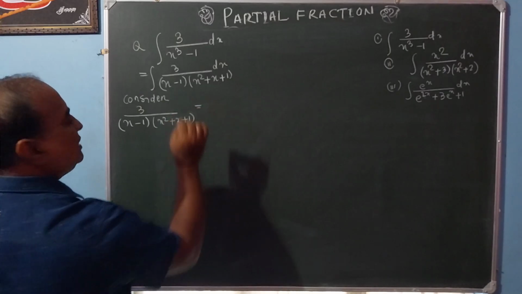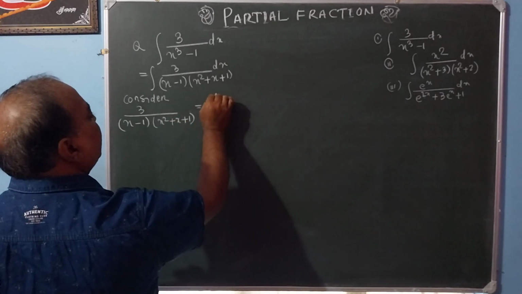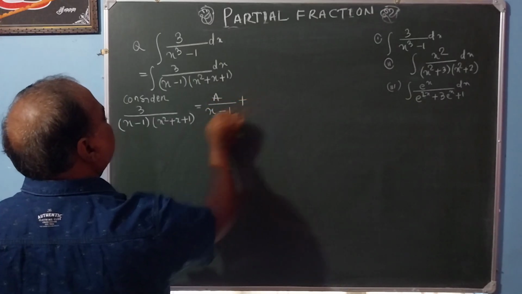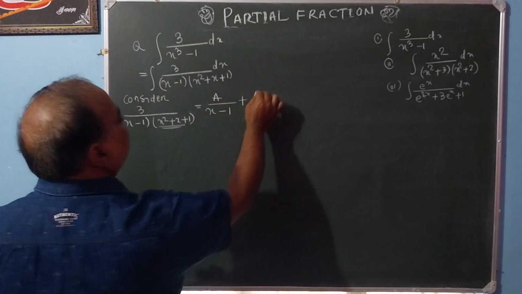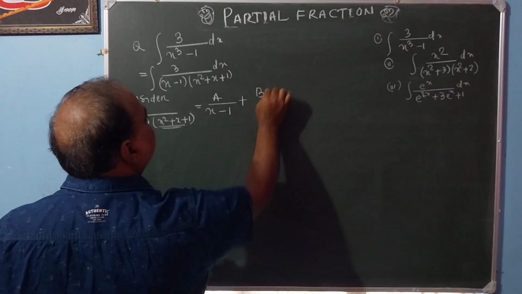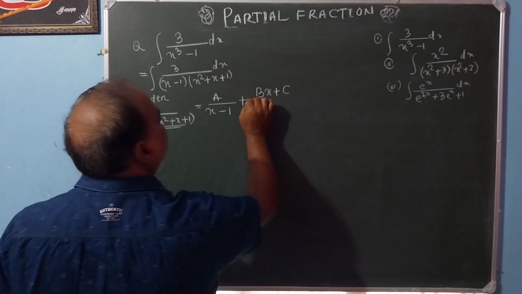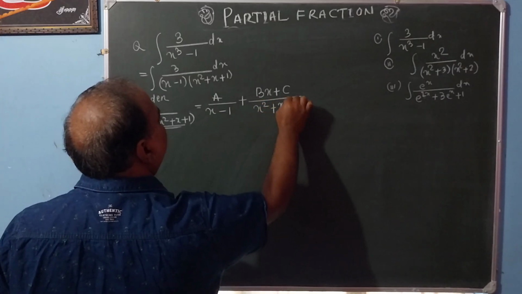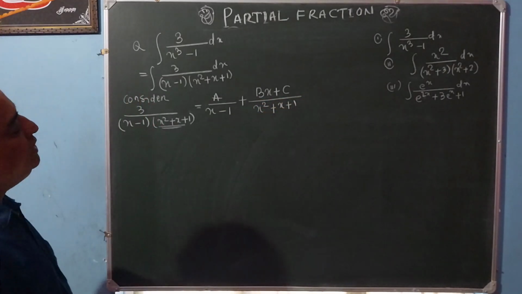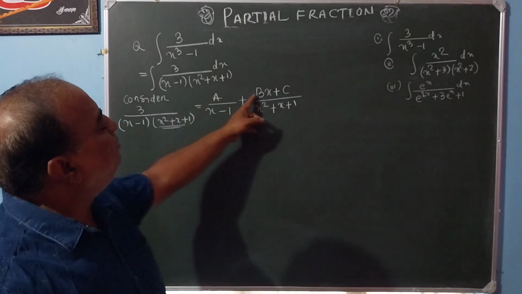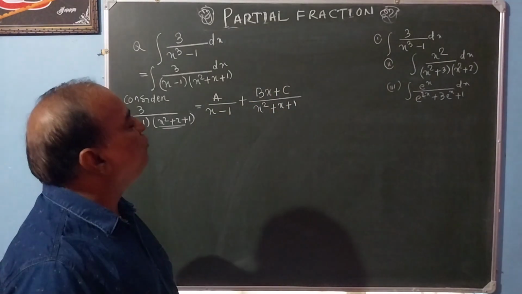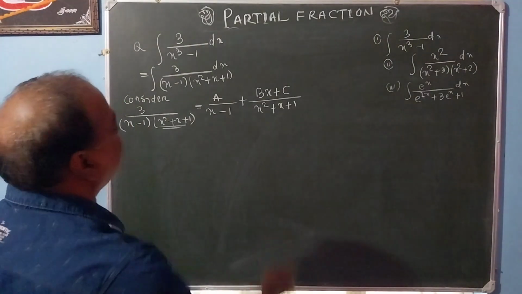The corresponding partial fraction is given by a by x minus 1 plus, for the quadratic factor, bx plus c divided by x square plus x plus 1. Our aim is to find the values of a, b, c, which can be found by comparing the coefficients of the respective terms on both sides.